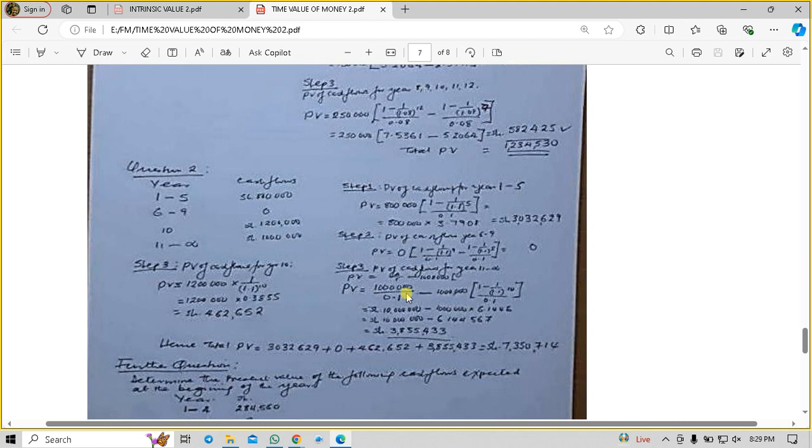Over 1 plus 10%. The other formula for 1 minus 1.